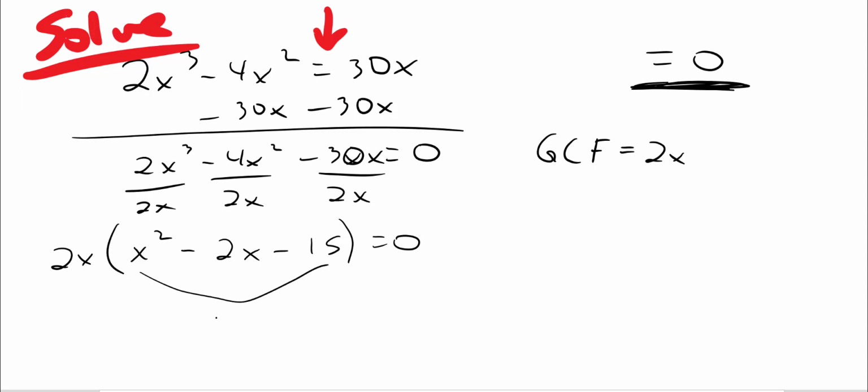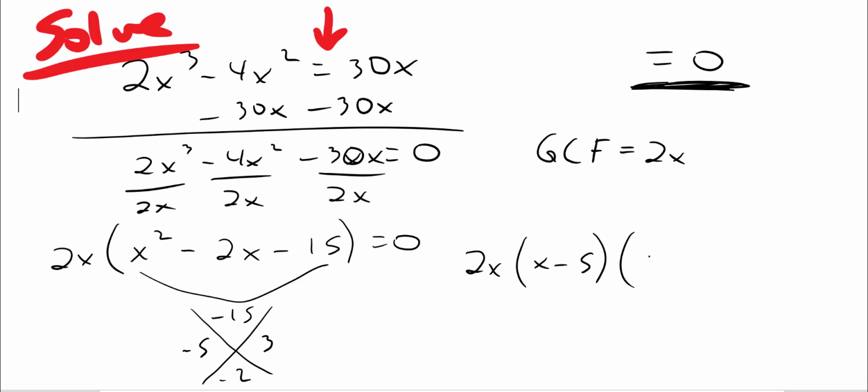So negative 15 and negative 2. What numbers give you negative 15? Negative 5 and positive 3, because that gives you negative 2. So don't forget the 2x, and then you have x minus 5 and x plus 3 equals 0.